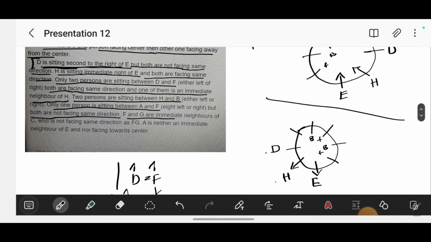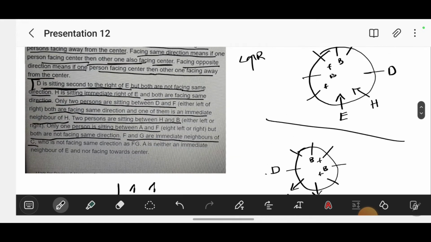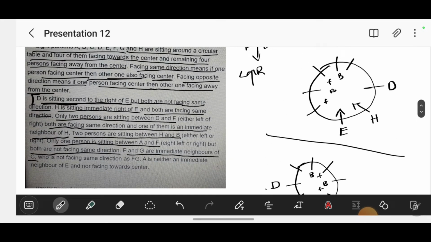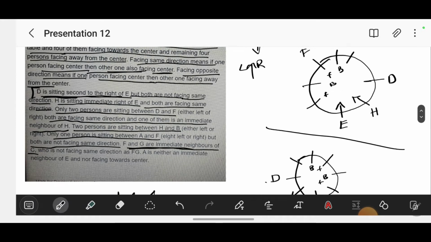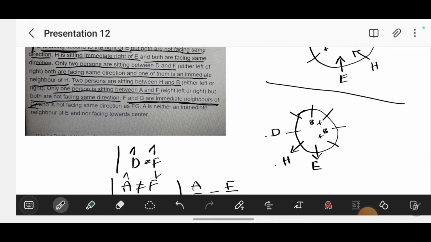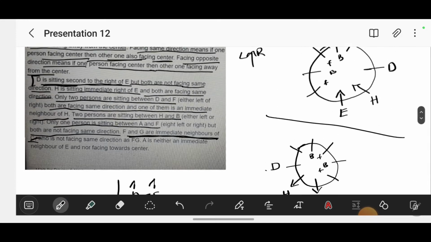And F and G are immediate neighbors of C. I will say one point, please listen to this clearly. If you take F here, and he is saying that F and G are immediate neighbors of C, so if C is here, F and G should be here. Take this.